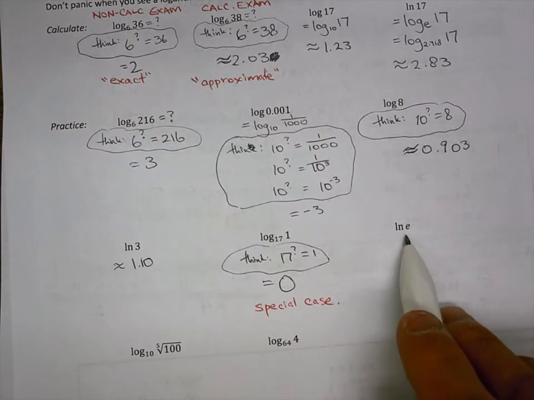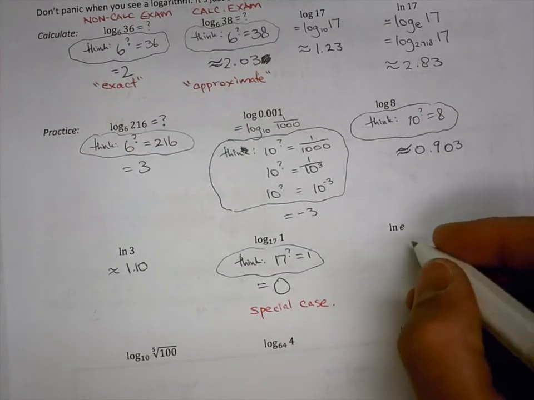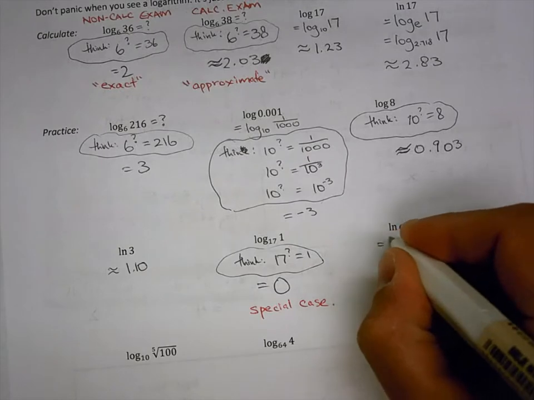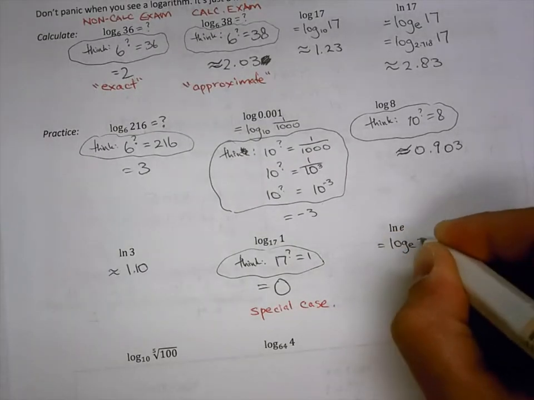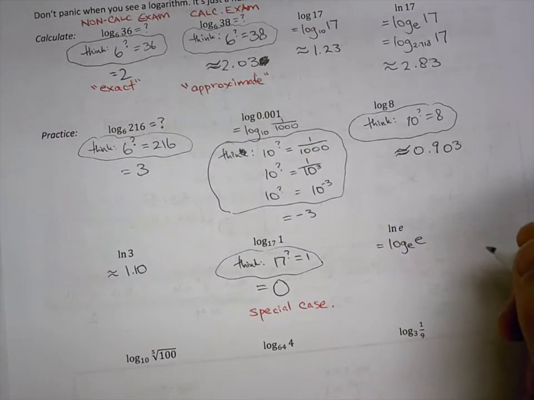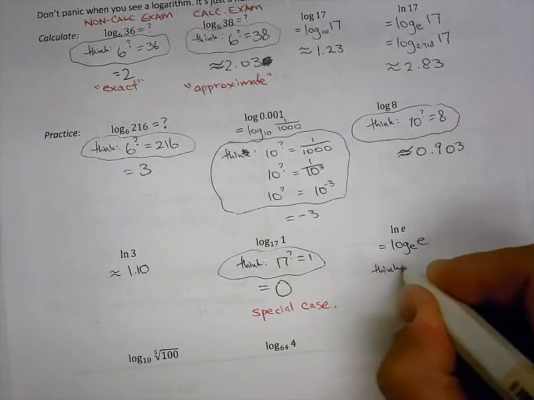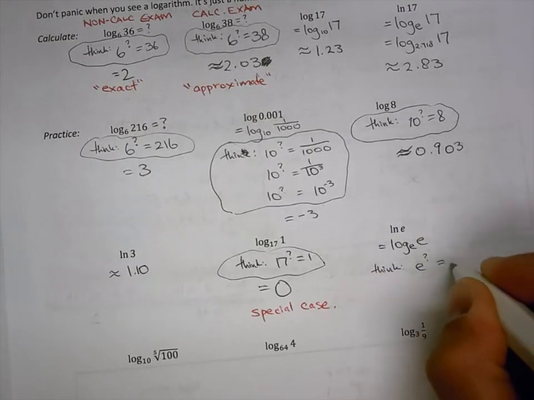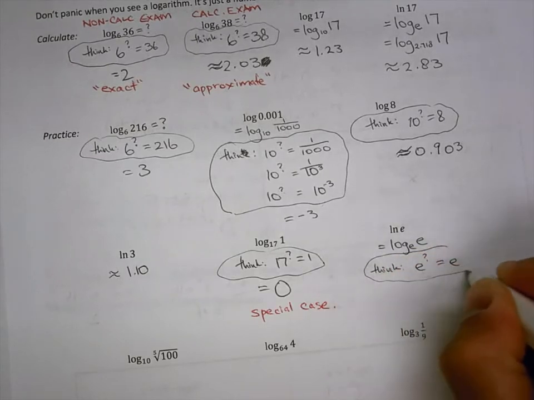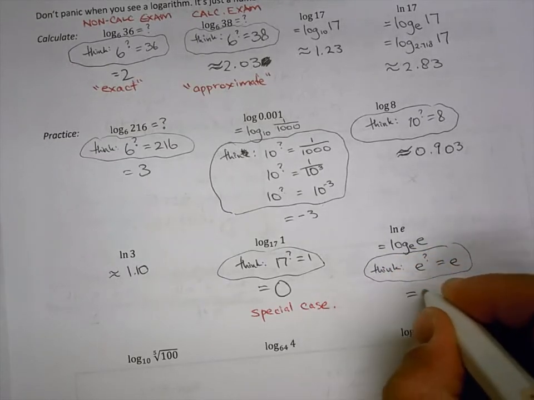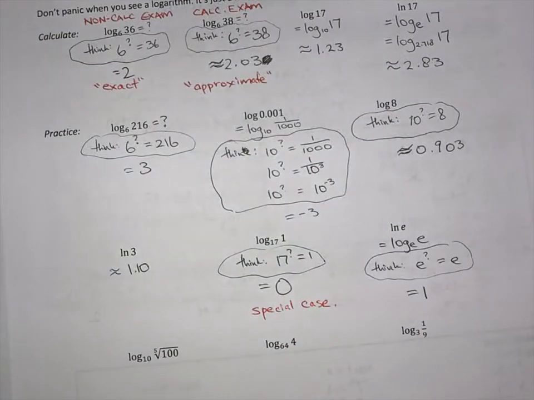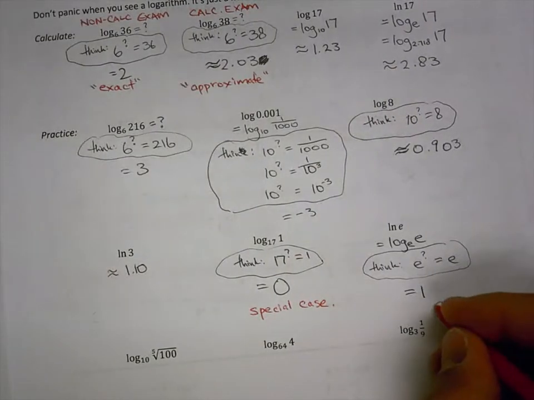I have ln e. So, okay, let me rewrite this. I know ln is log base e. So this really means e to the power of what gives me e? Well, this has to be 1. This is another special case.